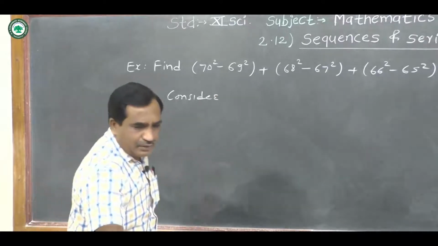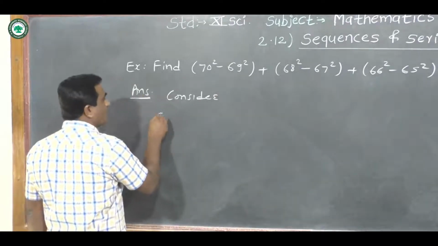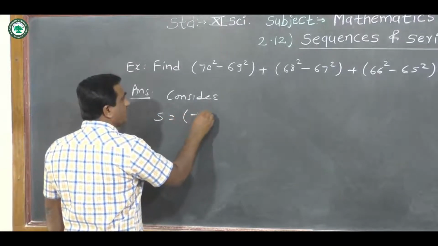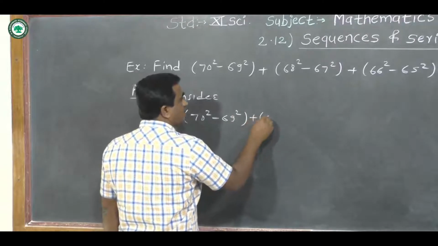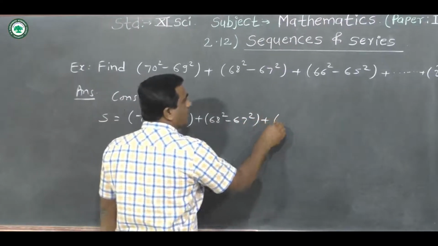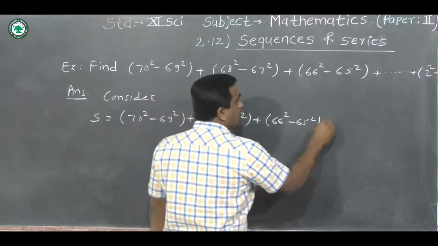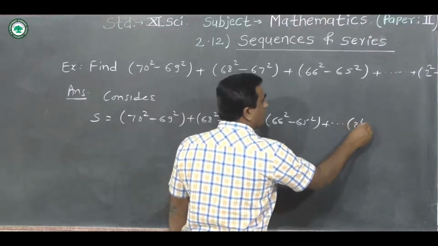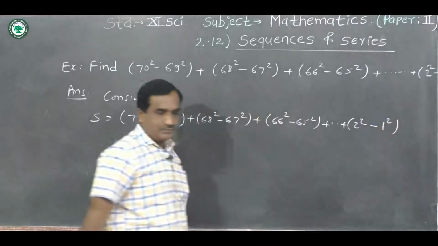we give a name here, equal to S, that is S equal to 70 square minus 69 square plus 68 square minus 67 square plus 66 square minus 65 square plus and so on, 2 square minus 1 square. Okay.